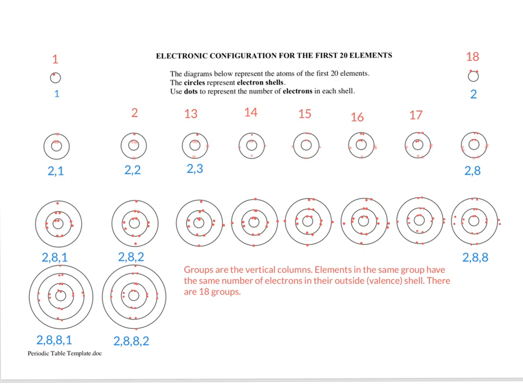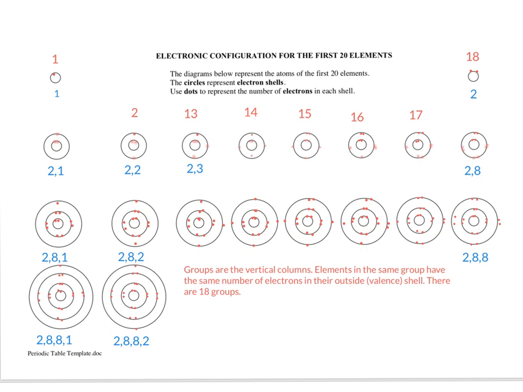Mysteriously, it's suddenly called group 13, not group 3. That's because this version of the periodic table has missed the 10 elements in the middle that we call the transition elements. Then group 14, they all have 4, 15 all have 5, 16 all have 6, and so on. 18 all have 8 electrons in their outside shell.